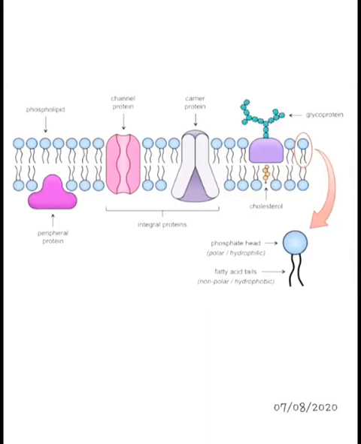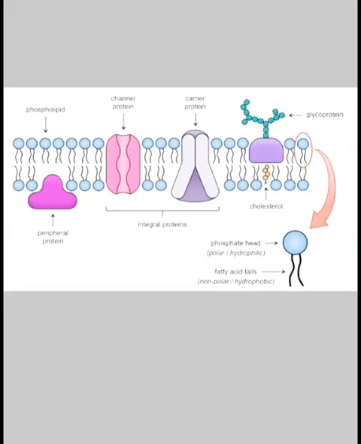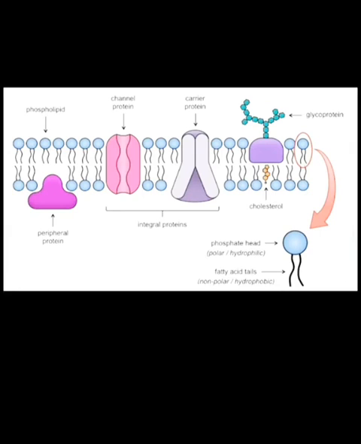Next model for the structure of plasma membrane is the fluid mosaic model given by Singer and Nicholson. Okay, so this model also consists of two lipid layers forming a lipid bilayer like the previous one. As you can see, at the bottom there is one bigger lipid layer where it has a head and a tail, just like the previous one.